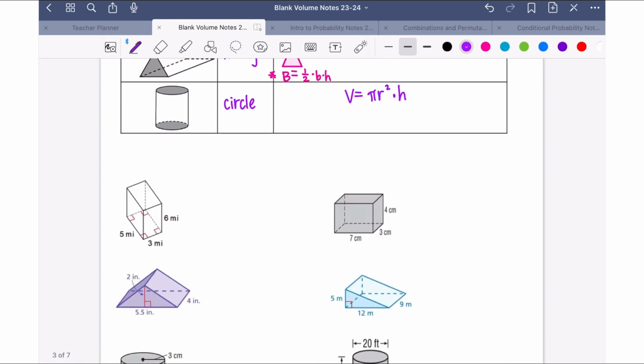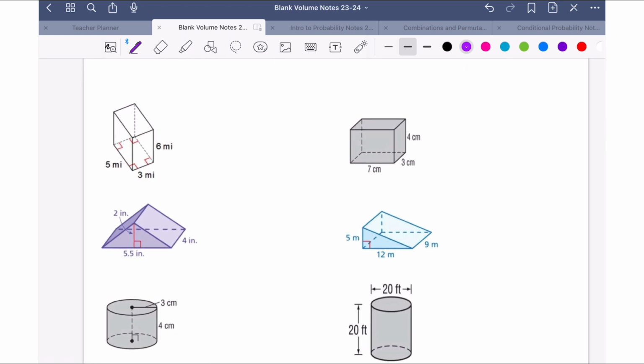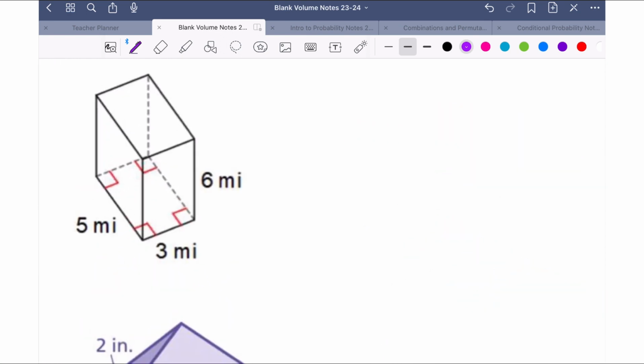Starting with the prism. Now, I know there's 6 problems here, but I'm only going to do 3, okay? Because I believe that you can try to do the other ones and then just look at the answer key for it. So starting with this prism, let's do the prism on the left.